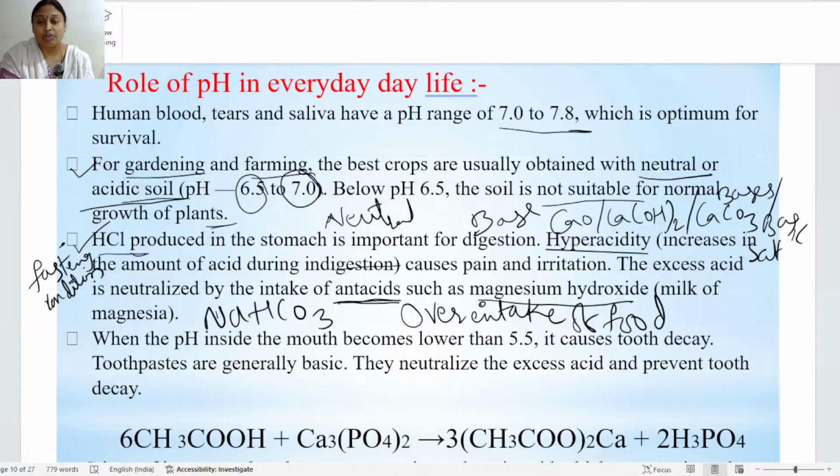In that case, the food to digest is more, but the acid secreted is only the quantity that is secreted daily. So the acid is less, and insufficient acid is there for the digestion of the food. In that case also we say it is acidity only. In that case we are supposed to take vinegar or else lemon juice.